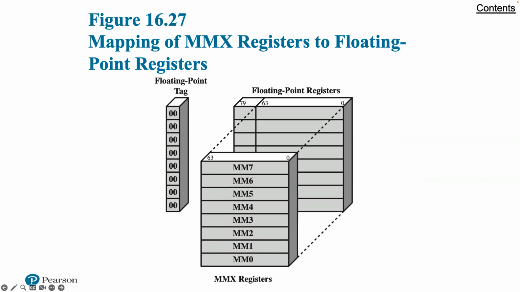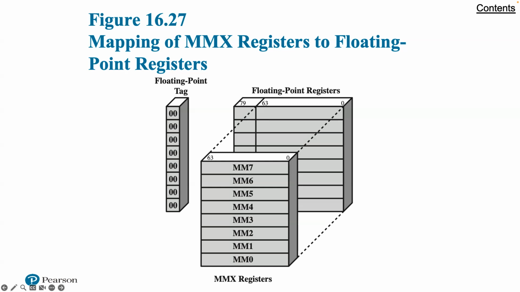The MMX instructions make use of the 3-bit register address fields so that 8 MMX registers are supported. In fact, the processor does not include special MMX registers. Rather, the processor uses an alias technique, which we're showing here in figure 16.27. The existing floating point registers are used to store MMX values.